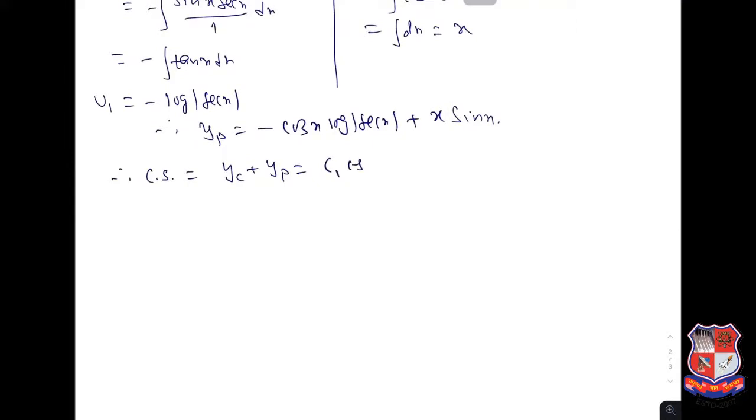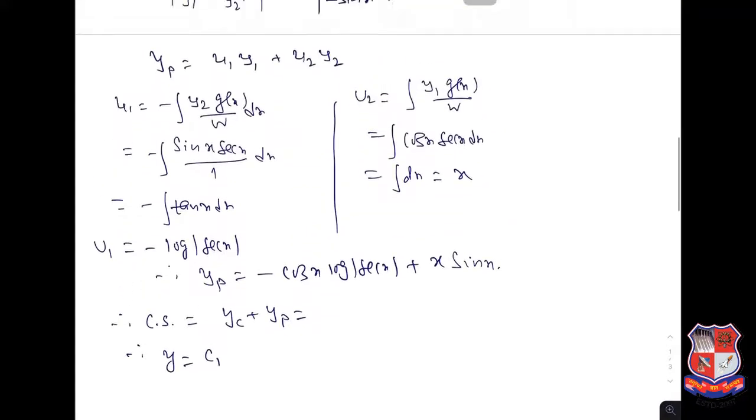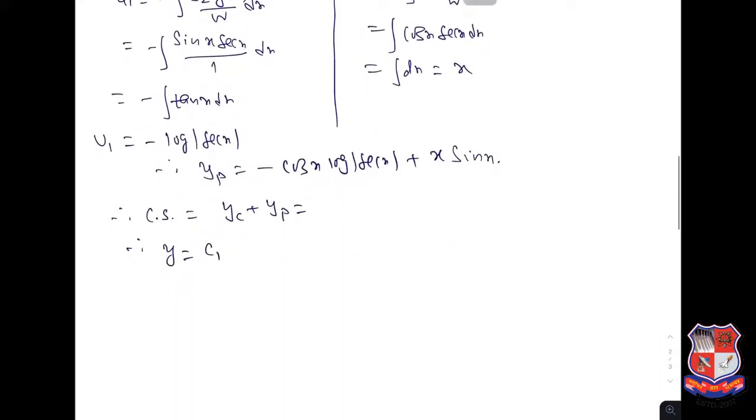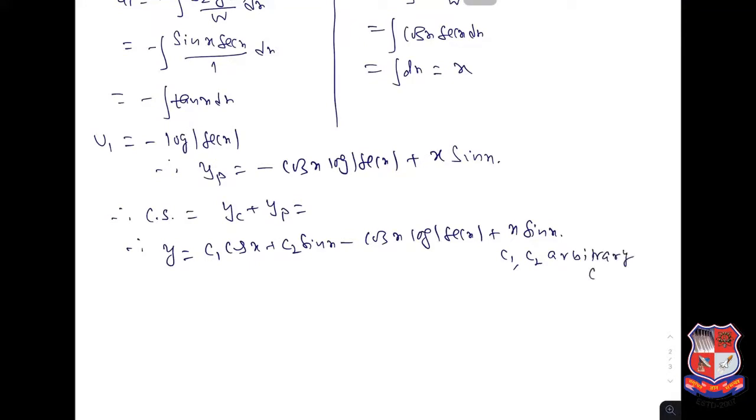So therefore y equals c1 cos x plus c2 sin x, then minus cos x log of sec x plus x sin x. So that is, c1 c2 are arbitrary constants. So that is the final answer.